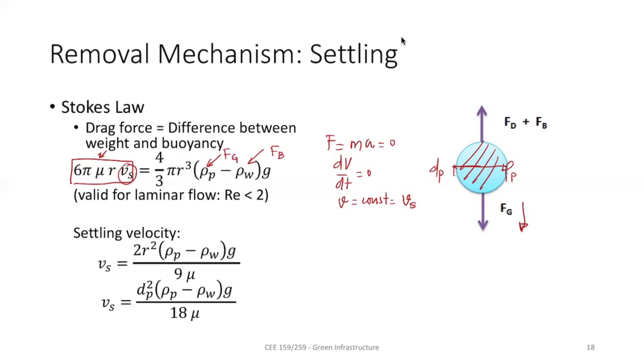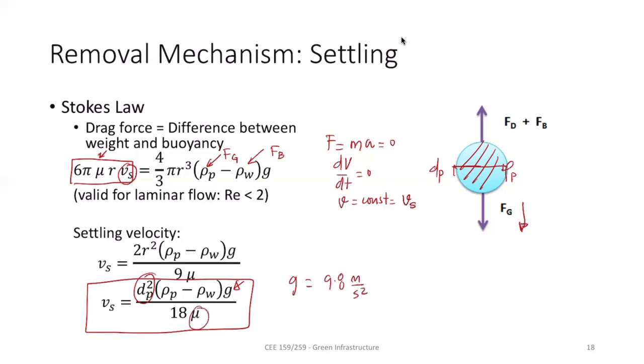If you rearrange the equation, you determine the settling velocity as a function of particle size, which is squared, and the difference in density, because the denser the particle, the faster it settles. Then g is the acceleration due to gravity, which is 9.8 meters per second squared.